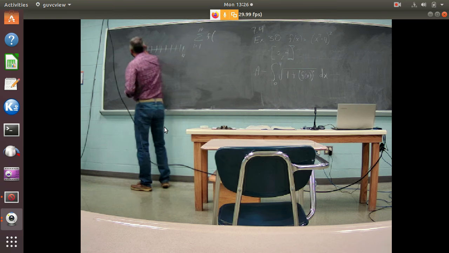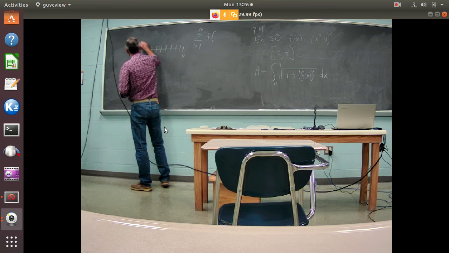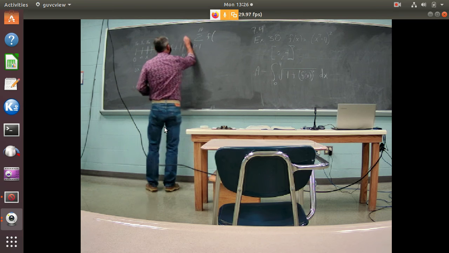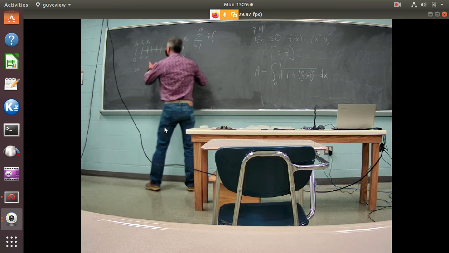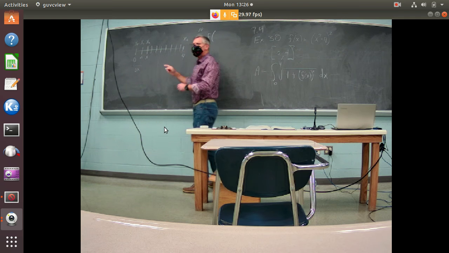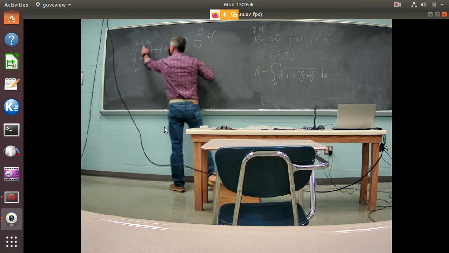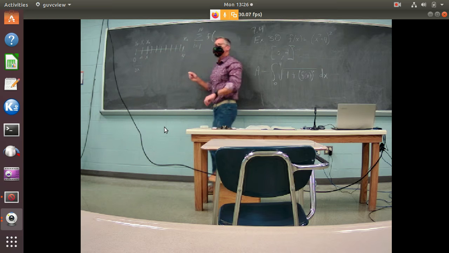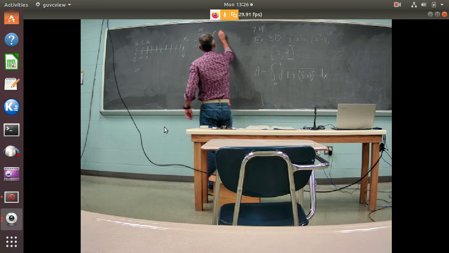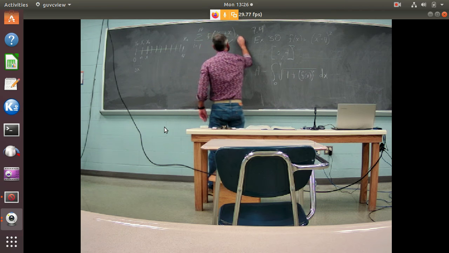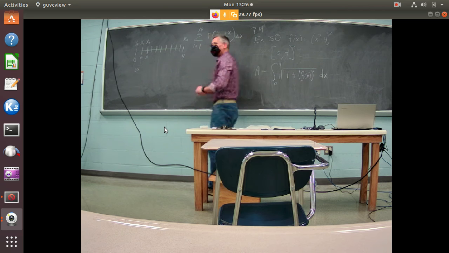If I call this x0 and that one x1 and x2, and I go up here to x10, then my midpoint rule says take the x0 and the x1, add them together and divide by 2. And so I'm taking x sub i minus 1 plus x sub i divided by 2, and then times my delta x.